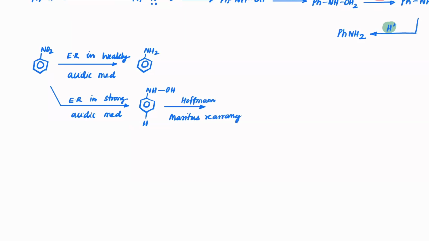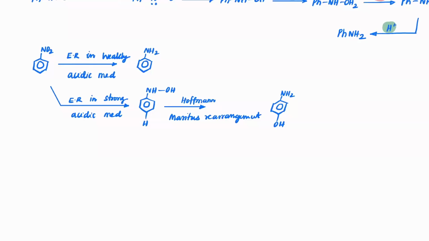Hoffman Maritus rearrangement. If that happens, we will get NH2 here and OH here, like this. Usually in strongly acidic cases, we might end up here as well. Got it? Okay.